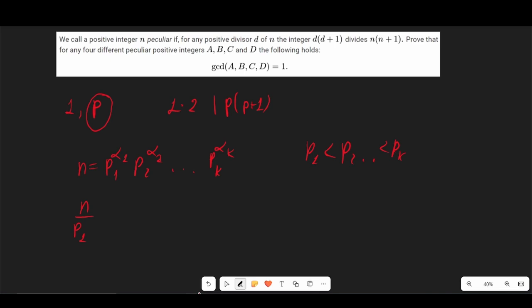This must also be a divisor of n, and this would be the greatest divisor. Then (n over p1) times (n over p1 plus 1) divides n times (n plus 1). So we will get that n over p1 plus 1 divides p1 times (n plus 1).